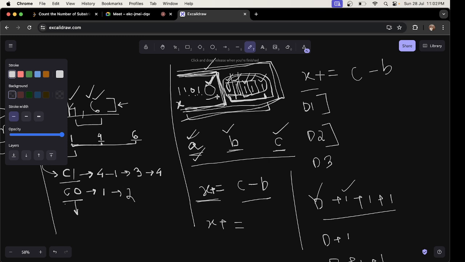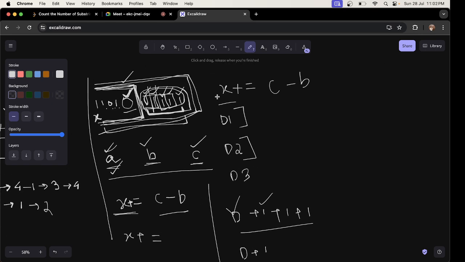Anish, can you take a small example, like let's say 1 1 0 1 0? Okay, let's take this example only. For this situation, what will be a, b and c?